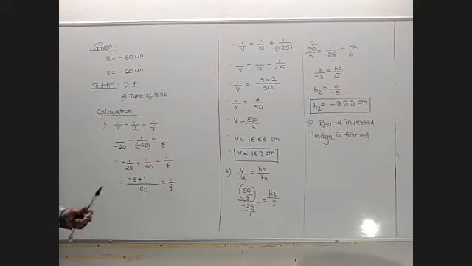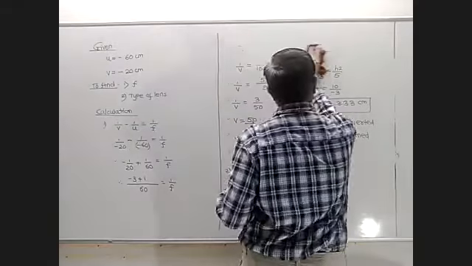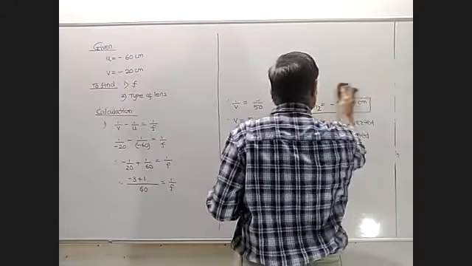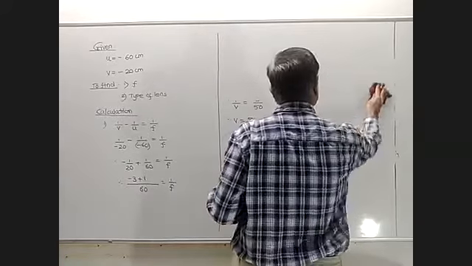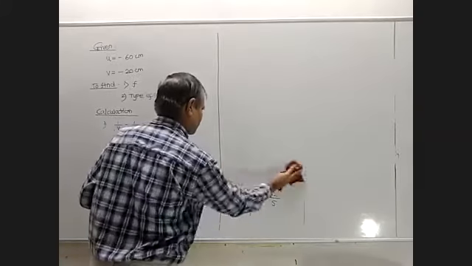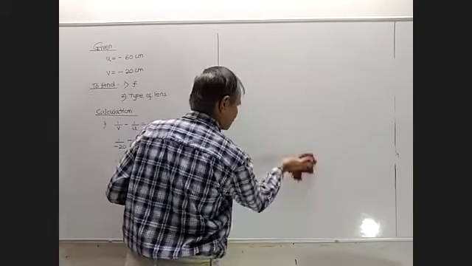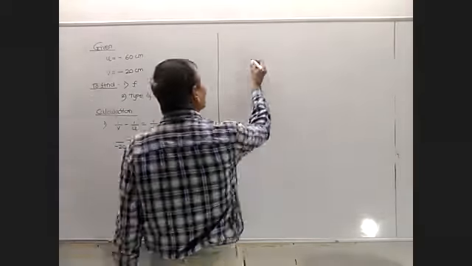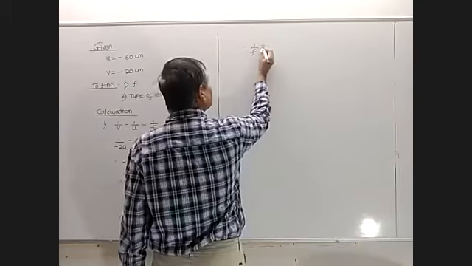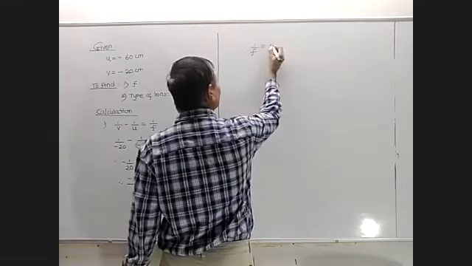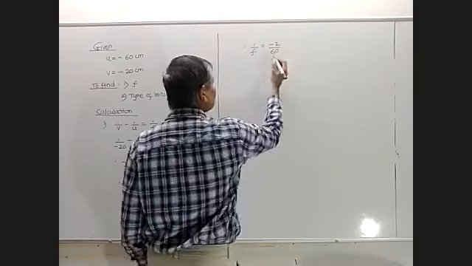So now 1 upon f is equal to minus 3 plus 1, which is minus 2 upon 60.